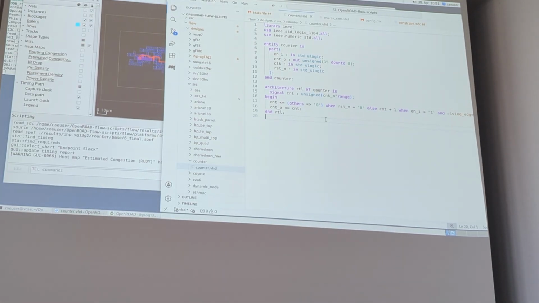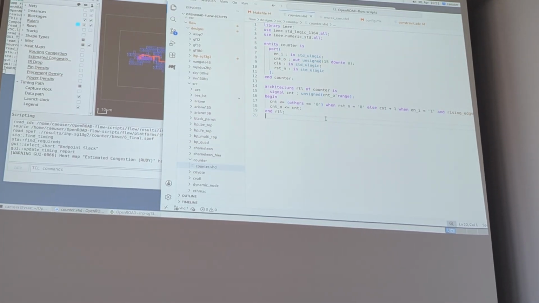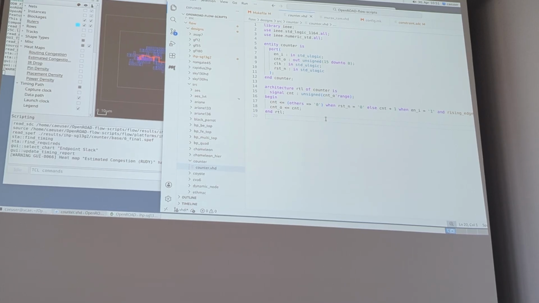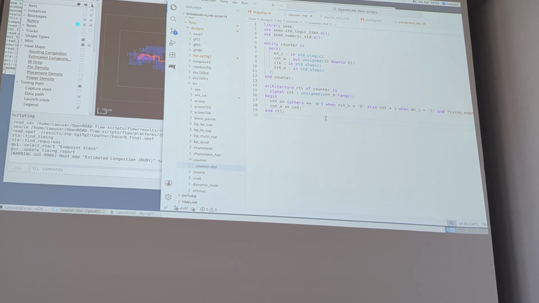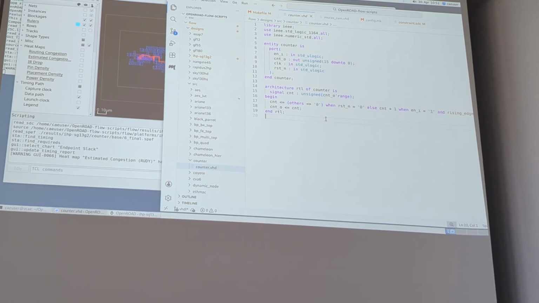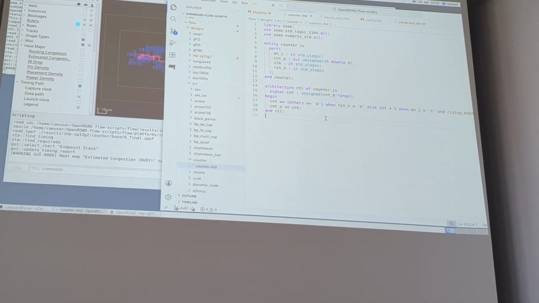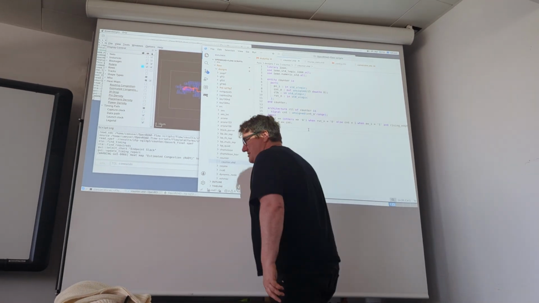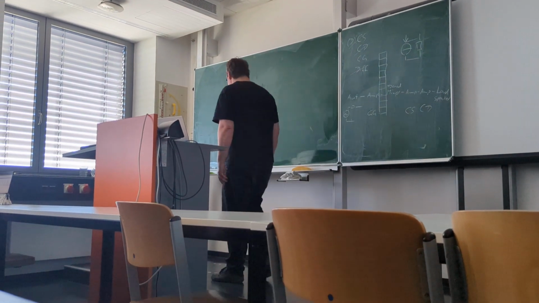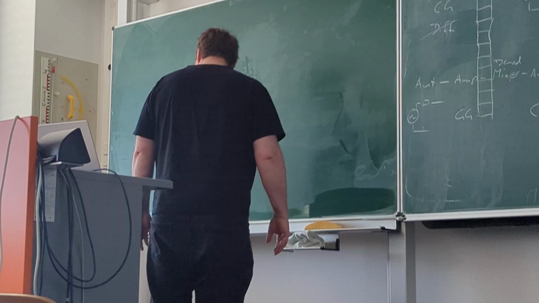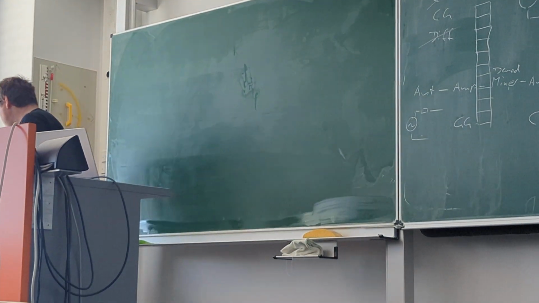So maybe one step in doing that is making a small sketch of the circuitry on paper. If you would draw the VHDL code on paper, how would that look like? Kind of a block diagram.